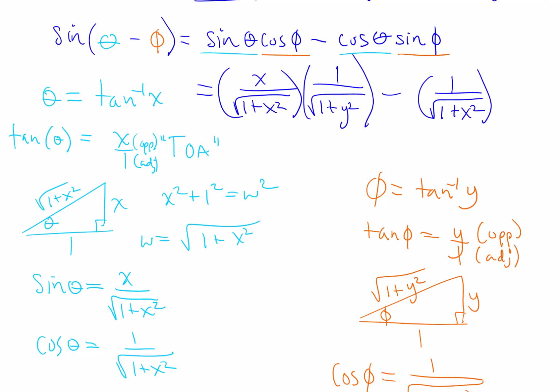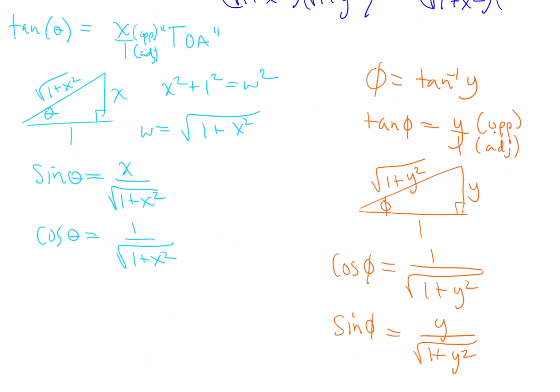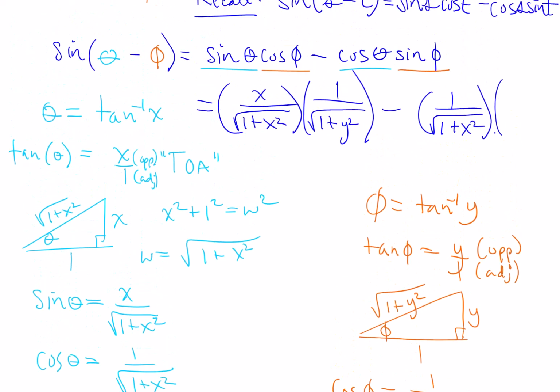And then the last term on the end would be sine of phi. We just figured out that's y over the square root of 1 plus y squared. We'll plug that in. And what we're looking at now, notice, is fairly ugly, but it is an expression only in terms of x and y. So that means we can write probably one more step to get our answer.